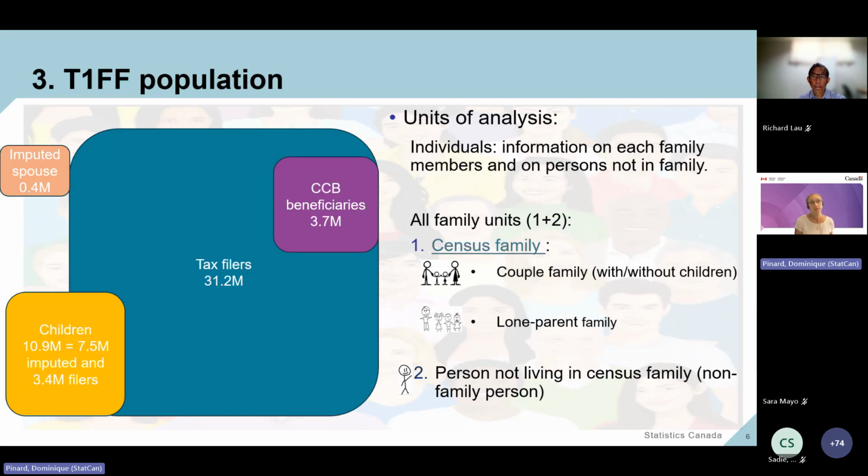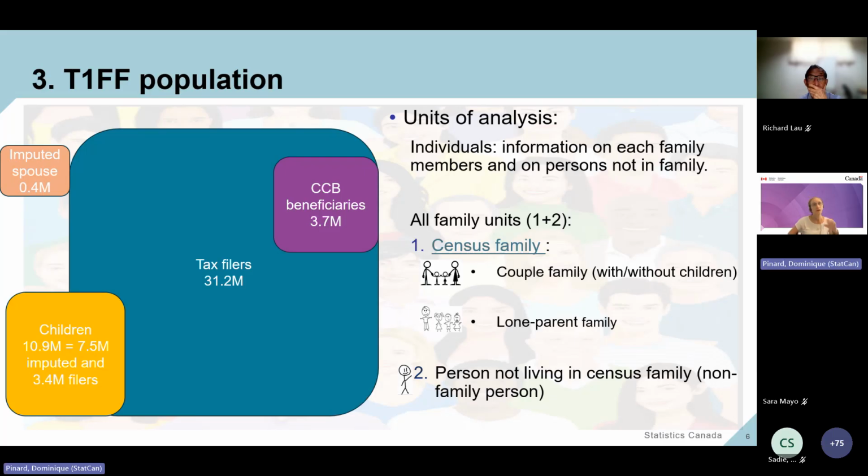The population included in the release corresponds to people who have a mailing address in Canada, which is about 39 million in 2023. However, there are some specific custom requests that could include people outside of Canada, but this is very customized work, so that's usually not what people are looking for.